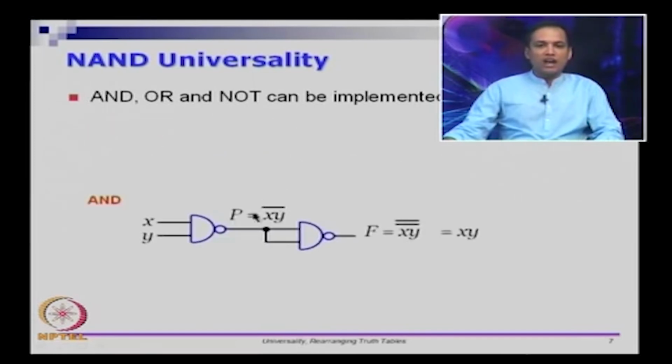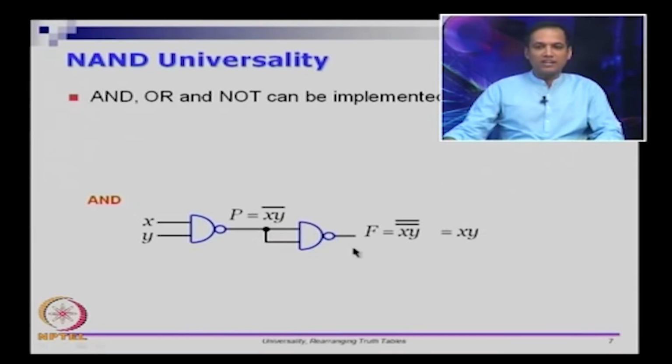Then let us look at AND. So AND we know is NOT of NAND. So NAND is NOT of AND. So essentially AND is the NOT of NAND also. So if you want to get X and Y, what we can then do is take a NAND that gives me (X and Y) complement. Now we have the complemented version of the output that we are expecting, send that to an inverter. So F is the input's complement, because remember this is the circuit for a NOT gate, we just saw it a while ago.